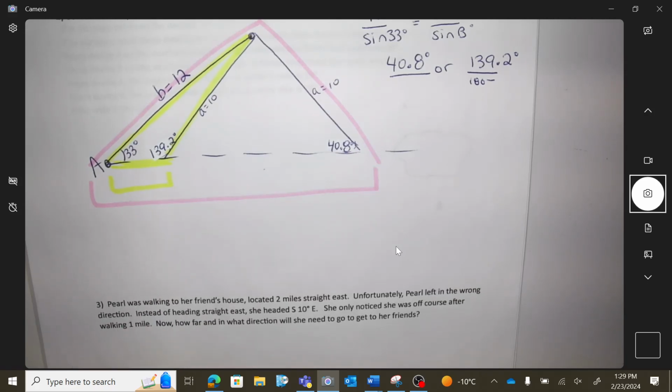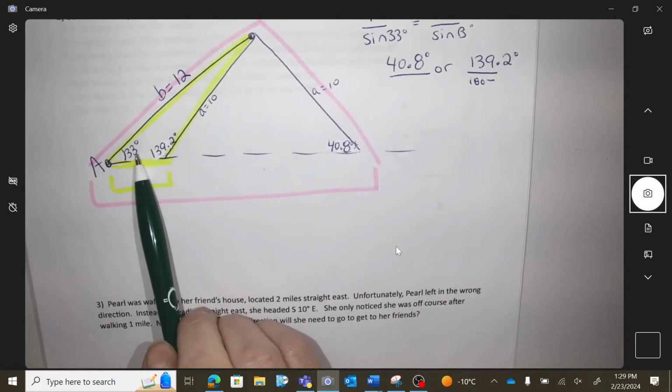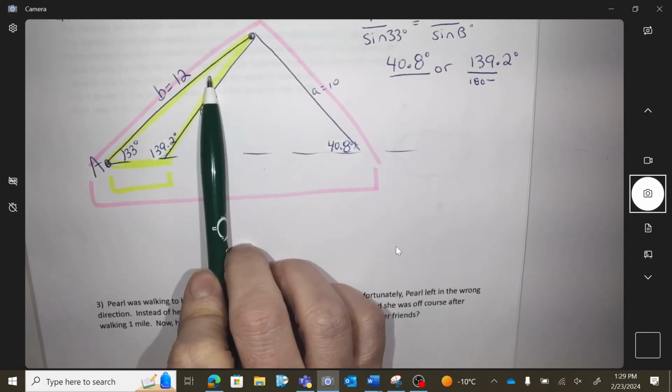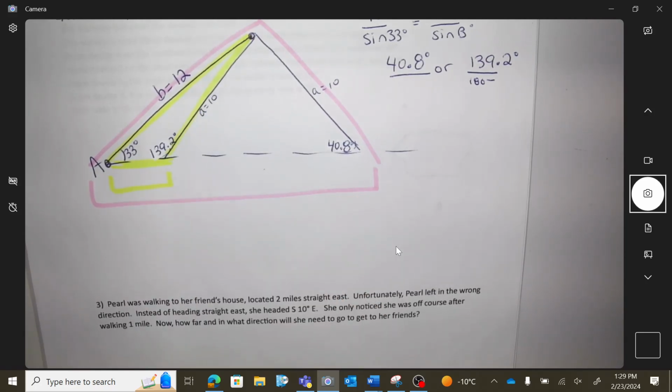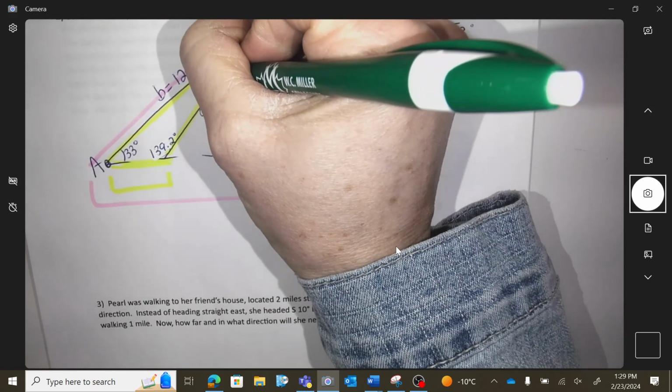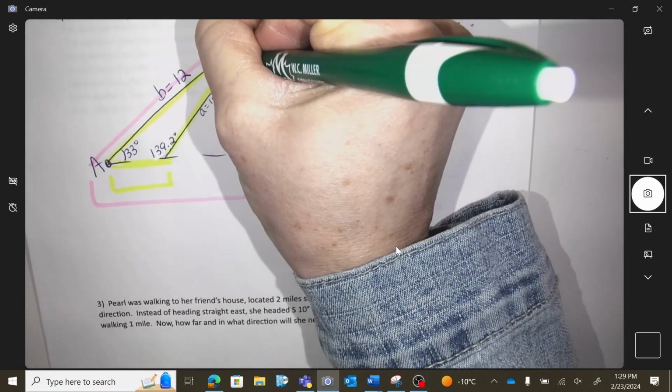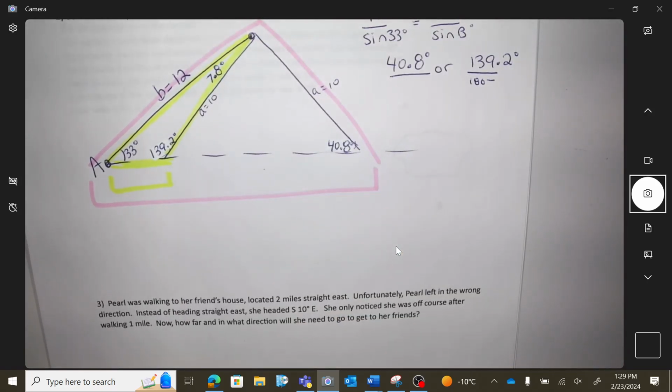Dial into the yellow. Okay, we got a yellow angle, yellow angle. Get me the last yellow angle. 7.8 at the top of that one.